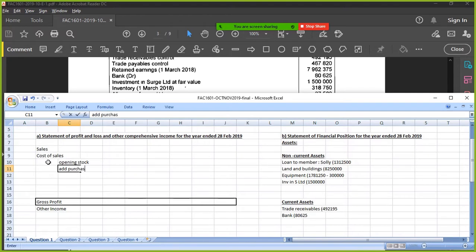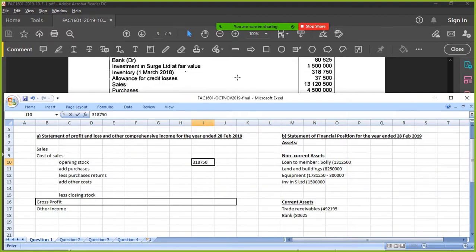add purchases less purchases returns, add other costs less closing stock. Okay, so inventory here, 1st of March. Opening stock is 318750. Okay, what else?